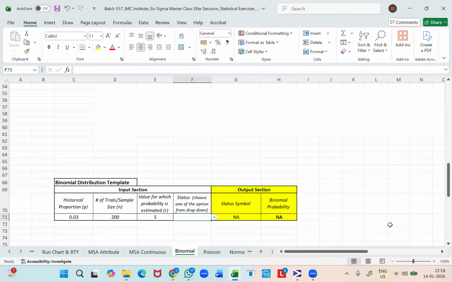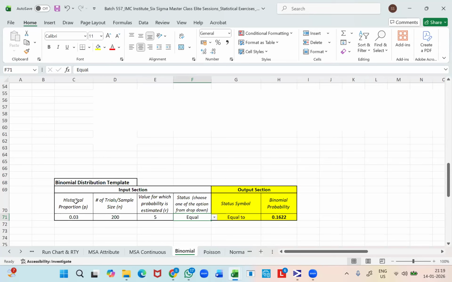X equal to 5. And here we need to provide the status, which is equal. P of X equal to 5, right? So equal is the option that we choose from the drop down. So you get the binomial probability, 0.162. So simple. No need to apply any formula here.